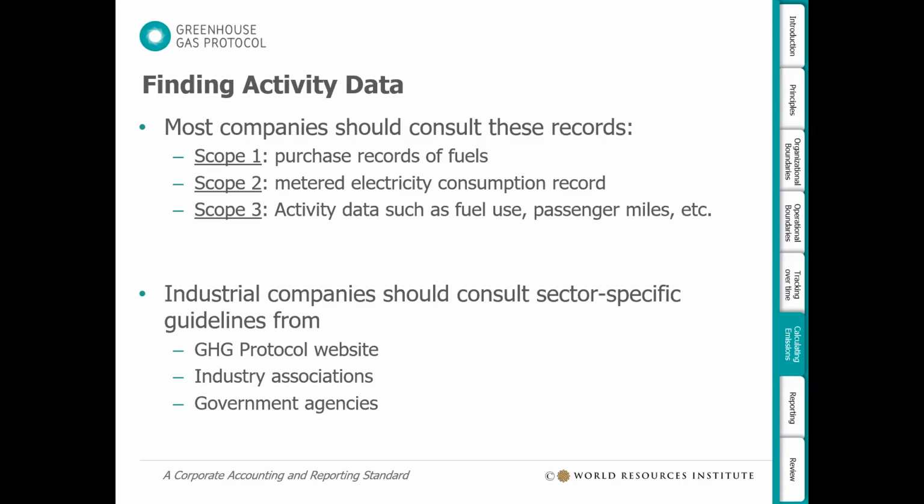Such sector-specific guidance is available from a range of sources, including the GHG Protocol website, industry associations, and government agencies. And we'll be talking a bit more later on about the GHG Protocol sector-specific guidance. So you'll have a chance to understand at least some of the range of resources that are out there for finding activity data and calculating emissions.